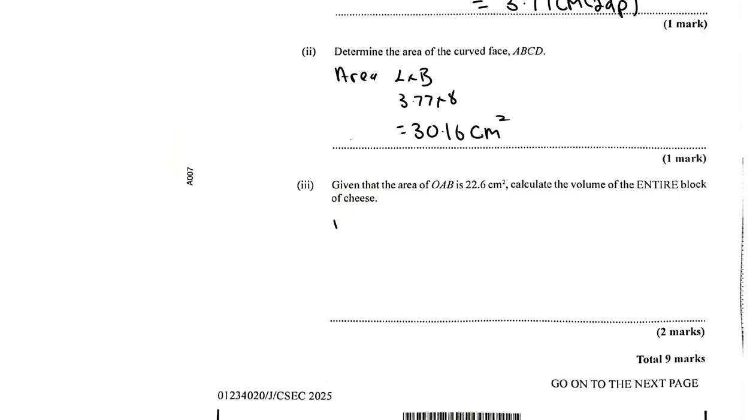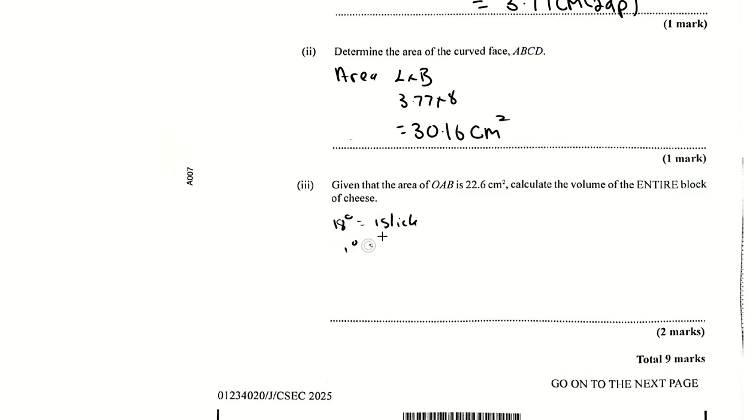But they ask you for the entire block of cheese, which is an entire cylinder. Right, so first off, let's find out how many slices there are. So we know that 18 degrees is one slice.